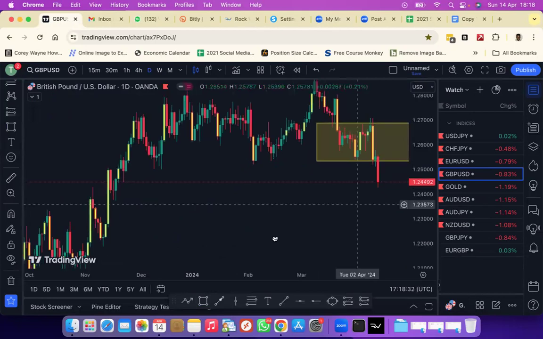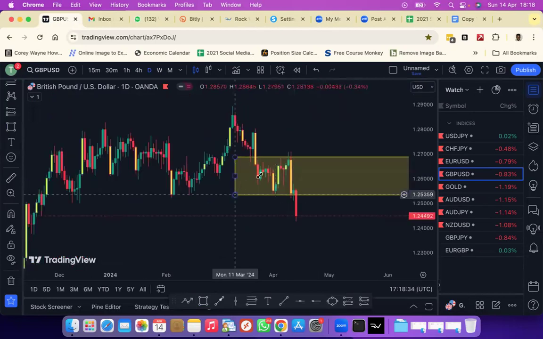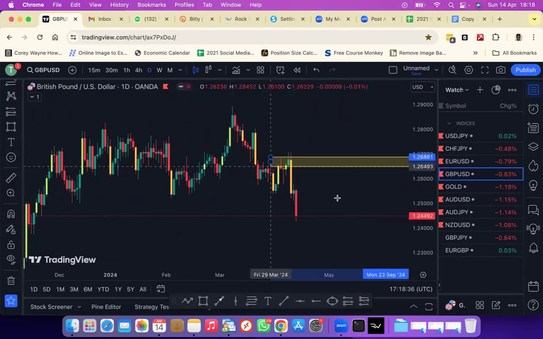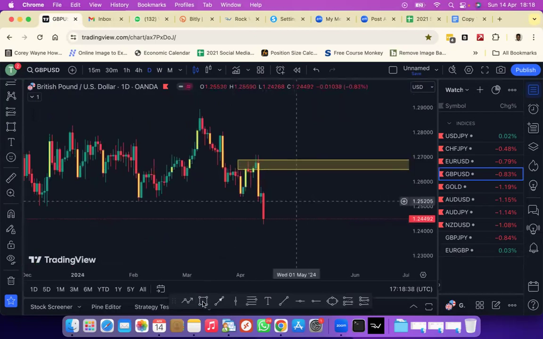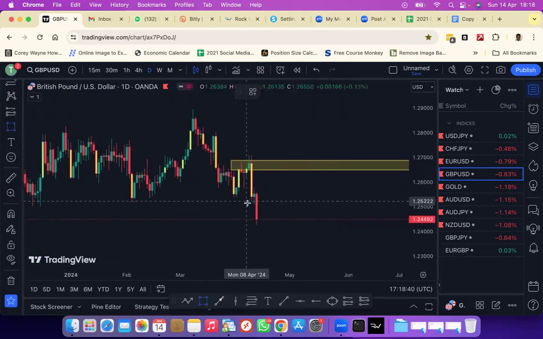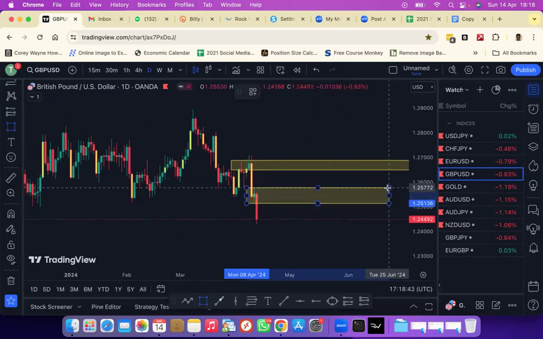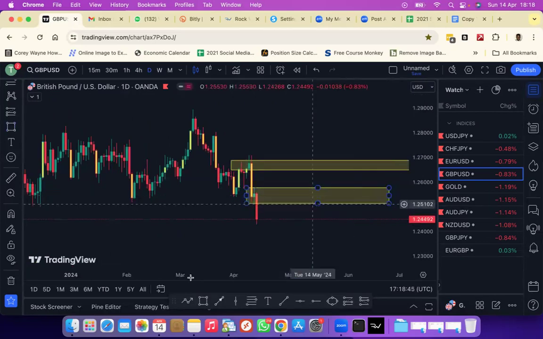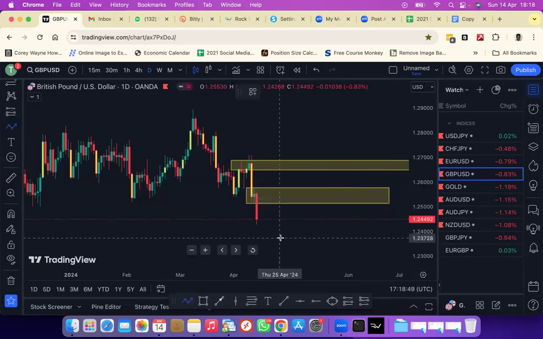So on daily time frame, this is the supply on daily. This is flip supply. So based on what we have on daily, price is bearish. And in a bearish market, you're looking to sell at supply zones. So we've highlighted two supply zones on daily time frame now. So you want price to retrace into the supply zone, and then we look for sell opportunities.